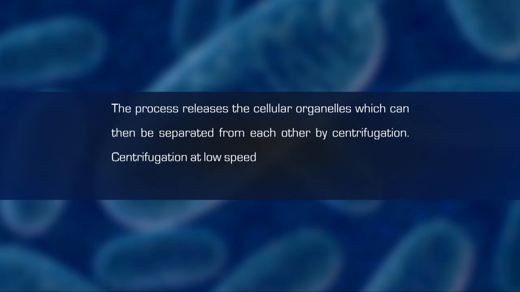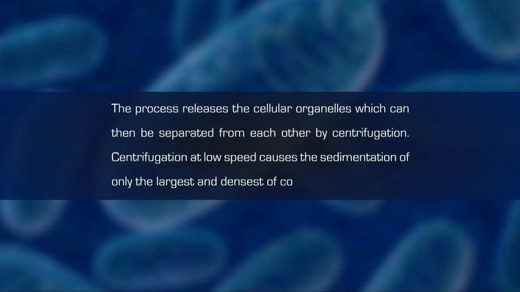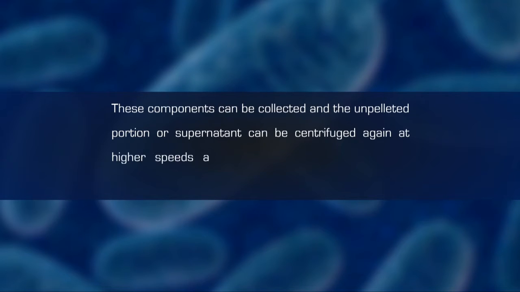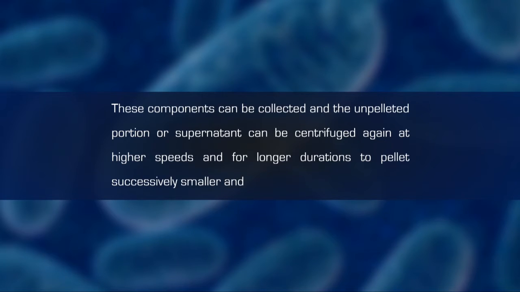Centrifugation at low speeds causes the sedimentation of only the largest and densest of components. These components can be collected and the unpelleted portion or supernatant can be centrifuged again at higher speeds and for longer duration to pellet successively smaller and smaller components.